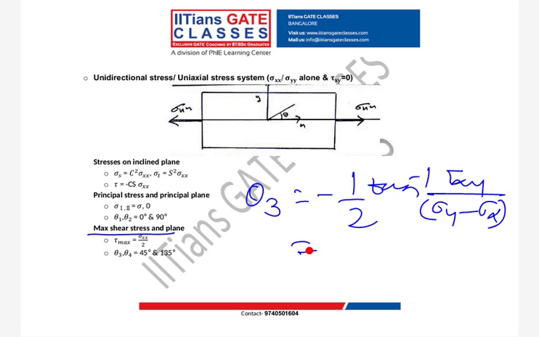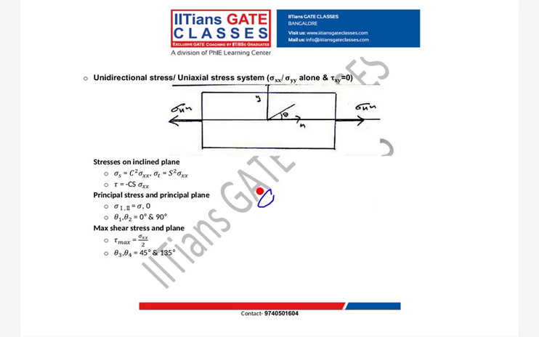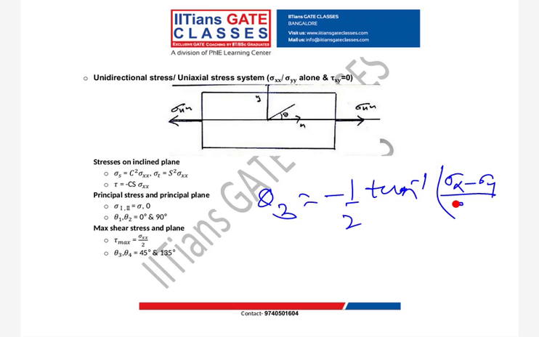Oh, sorry. Here I made a mistake. Guys, wait. It is sigma x minus sigma y, and theta 3 is minus 1 by 2 tan inverse of sigma x minus sigma y upon 2 tau xy.